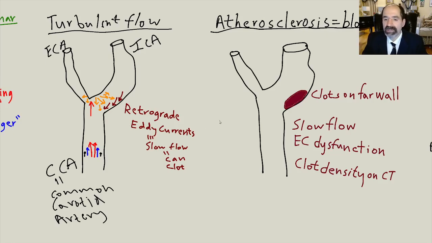And it always forms in that far wall location, virtually always, that's the characteristic location of an atherosclerotic plaque. In addition, it is eccentric, meaning that it's only on one side. It forms on the far wall from the bifurcation. And the relevance of that is if it was an infection or an inflammatory process as the primary causation.